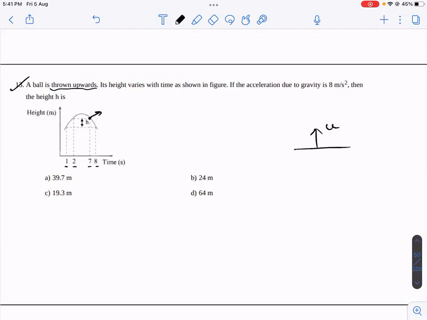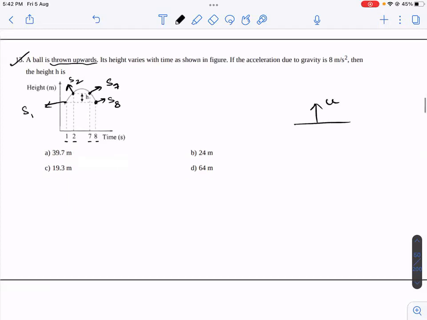Can I say it is the displacement of the particle in the 7th second? Can I say this is the displacement of the particle in the 8th second? Similarly, this would be the displacement of the particle in the 2nd second, and this would be the displacement of the particle in the 1st second.